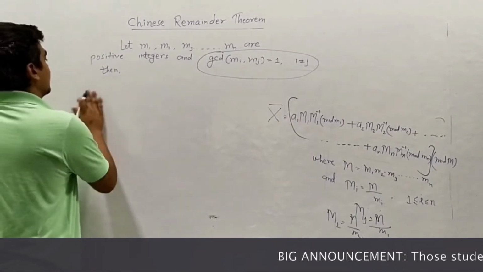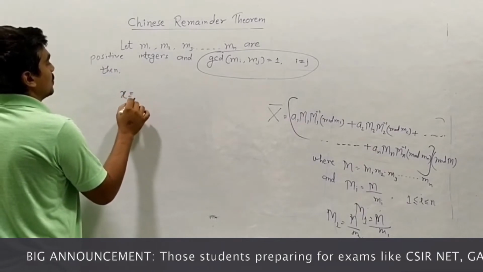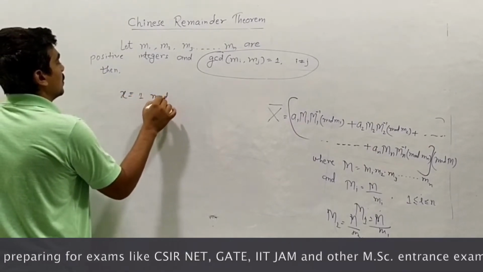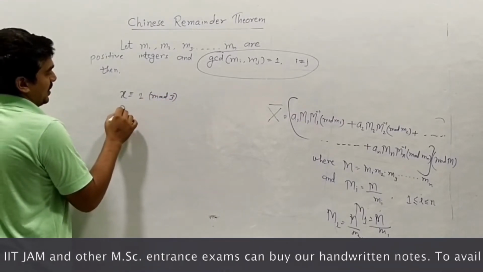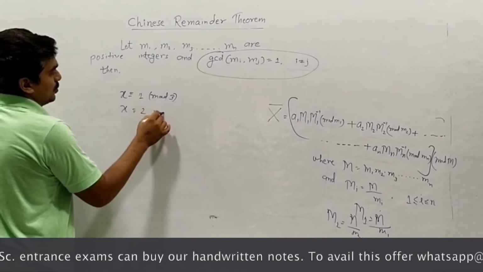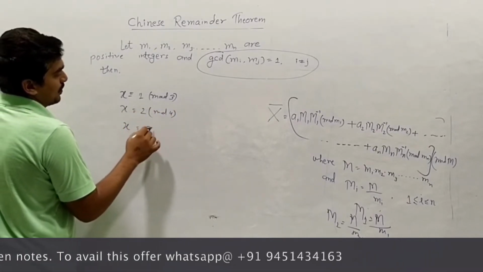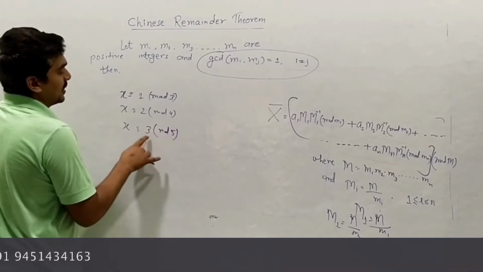We write here the system of equations: x is congruent to 1 modulo 3, x is congruent to 2 modulo 4, x is congruent to 3 modulo 5.